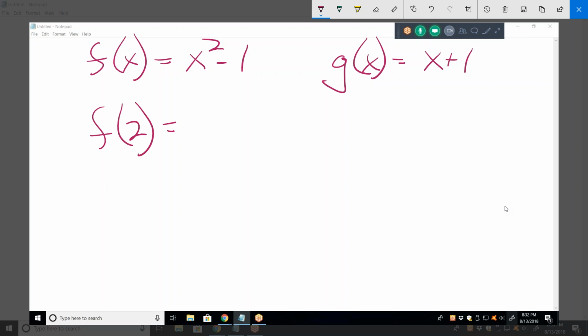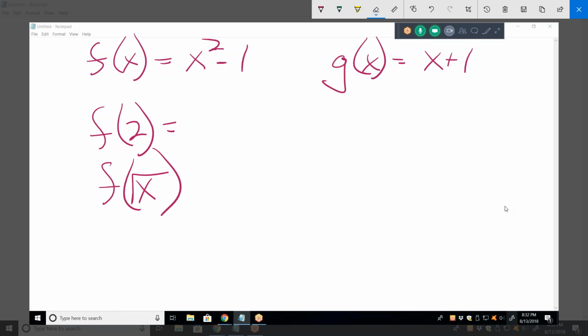F of 2 is 4 minus 1. Okay. What if I said to you, what is f of square root of x? That would be x minus 1. Good. So you know that whatever's in the parentheses needs to be substituted for x.